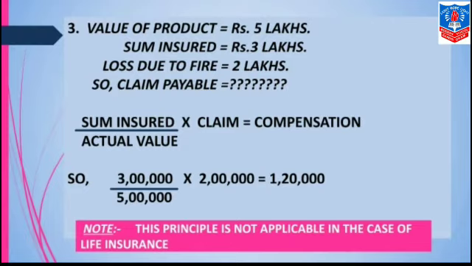Now sum insured is rupees 3 lakhs, while actual value of house is 5 lakhs and claim is there for 2 lakhs. So 3 lakhs divided by 5 lakhs into 2 lakhs, we get 1,20,000. Now this is the compensation which insurer will get from the insurance company.